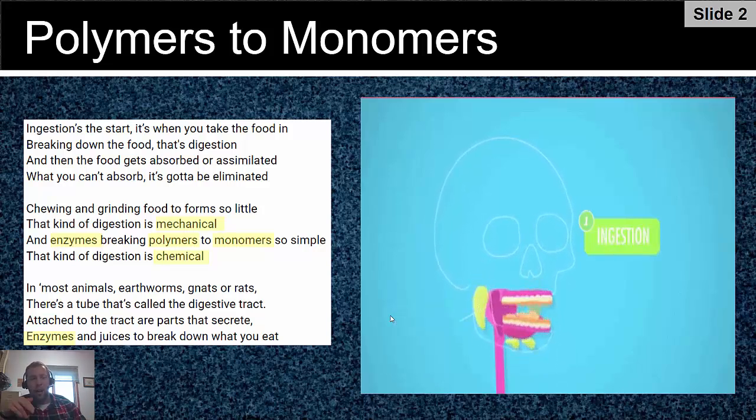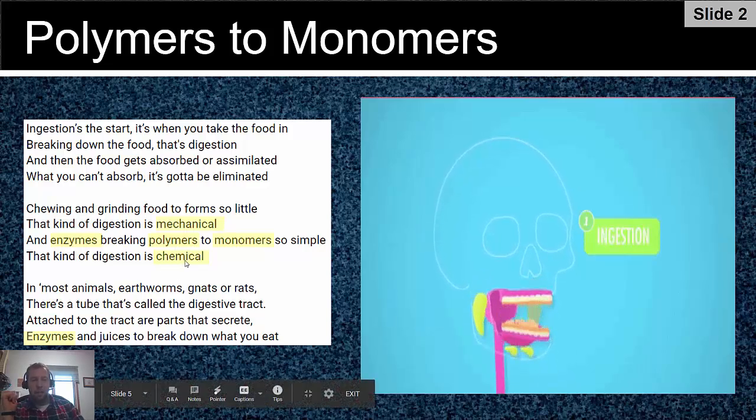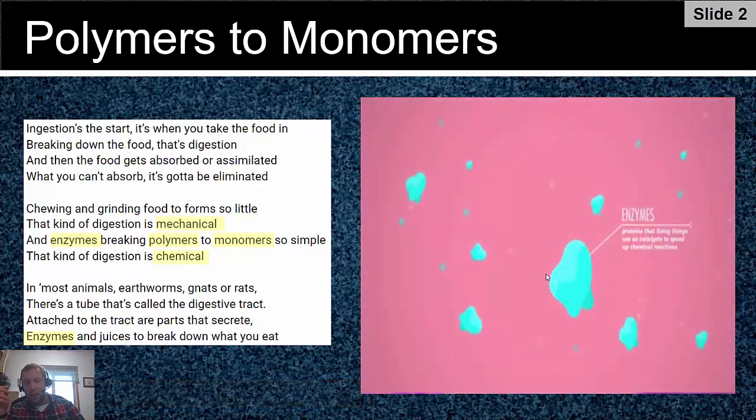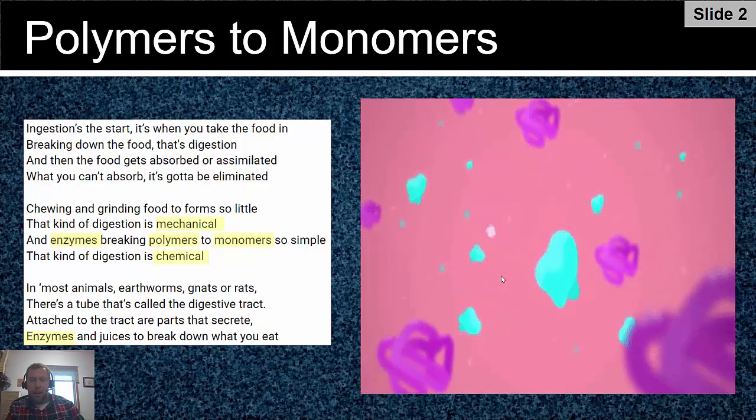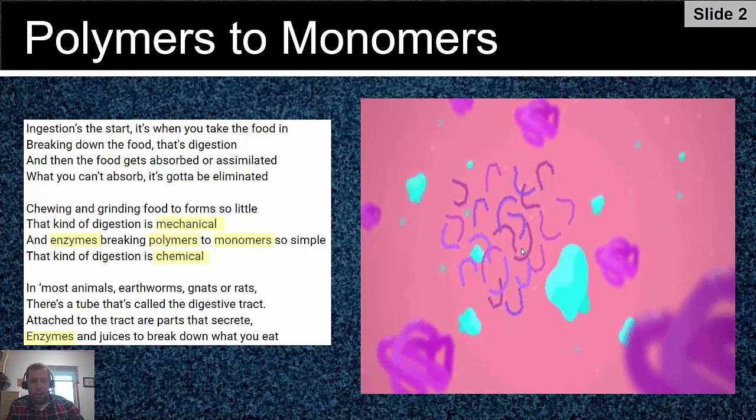The important one when we're talking about polymers and monomers, though, is chemical digestion. That's where your enzymes, like this example of an enzyme in your system, break down larger pieces like protein and carbohydrates, a larger molecule, into smaller molecules.